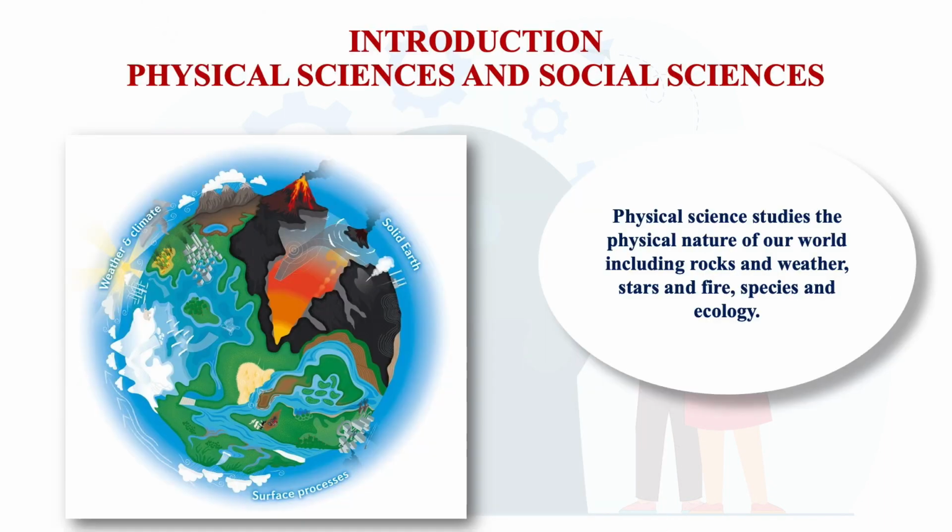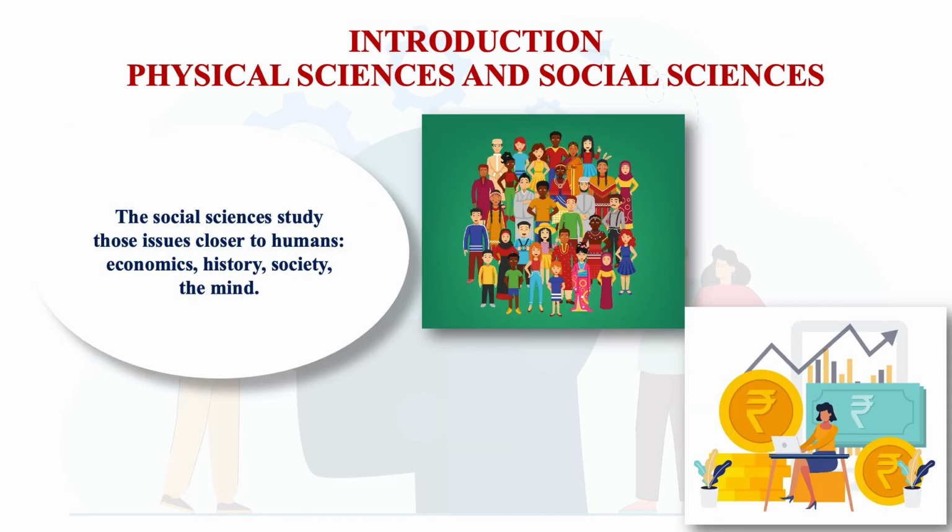Physical science especially deals with nature, including rocks, weather, stars, fire, species and ecology. Social science studies those issues close to humans. For example, economics, history, society and mind, the psychology of the human being, all these are studied by social science.